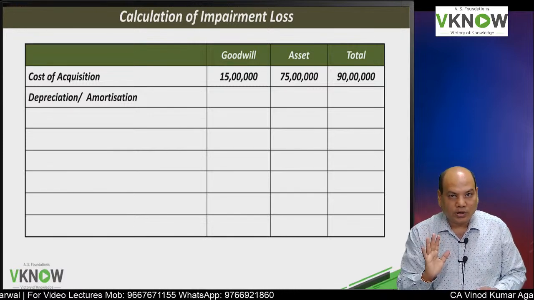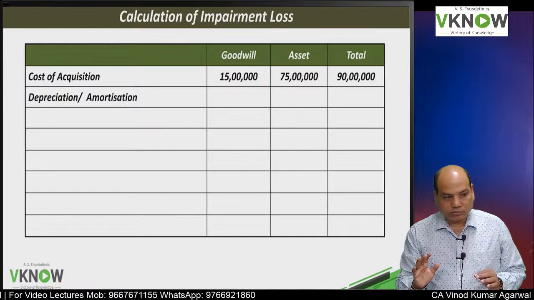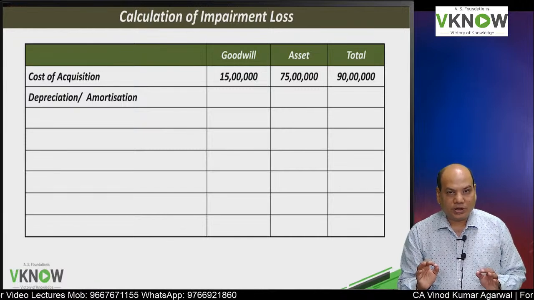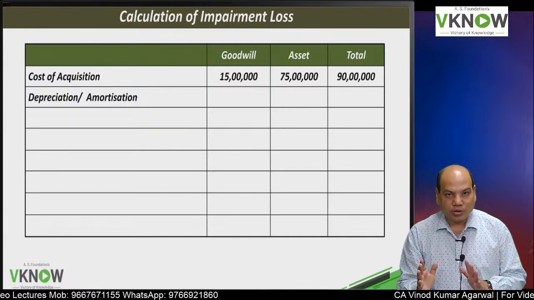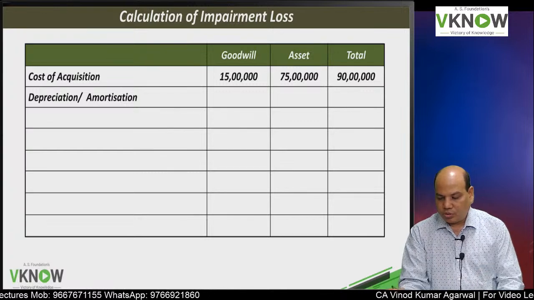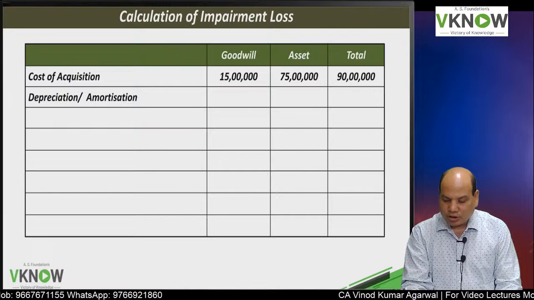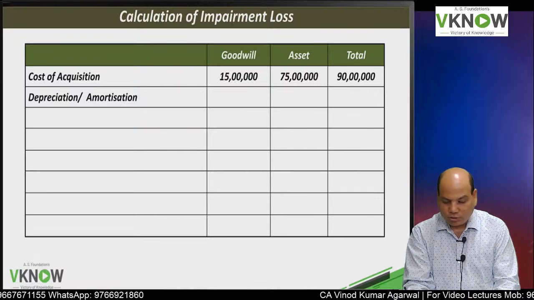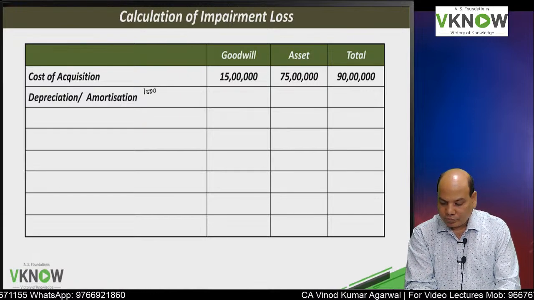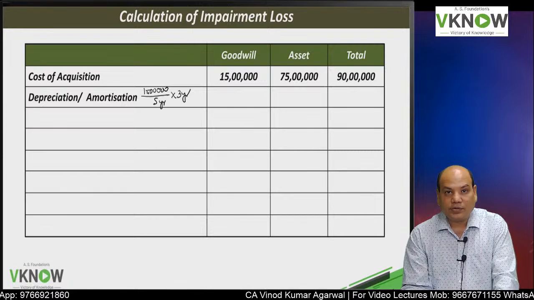3 years are over. So we are going to provide depreciation on asset and amortization of goodwill. For goodwill amortization, the life is 5 years. Take on your calculator 15 lakh divide by 5 years into 3 years.